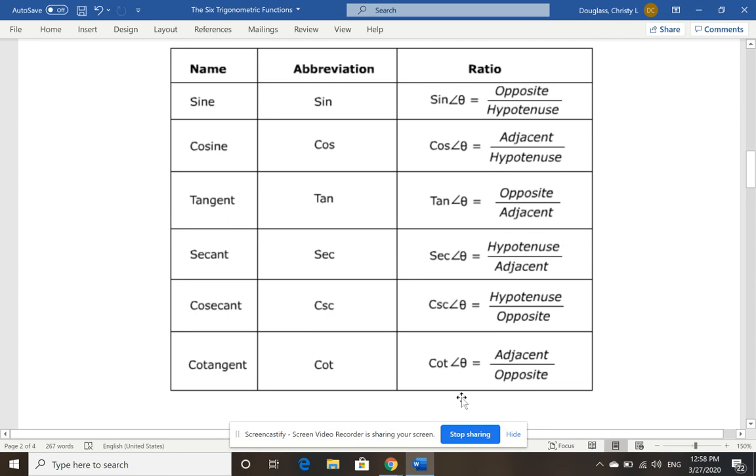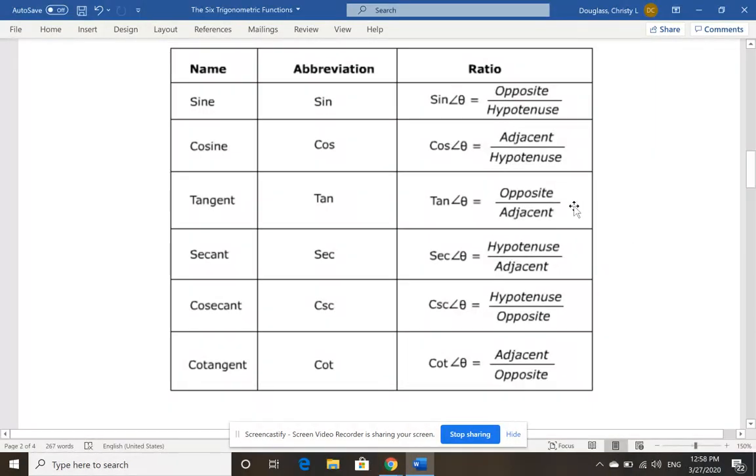But we're adding these other three: secant, cosecant, and cotangent, and really they're just the reciprocals. Notice that if you were to flip opposite over hypotenuse upside down, you would end up with hypotenuse over opposite, which is cosecant. If you flip adjacent over hypotenuse upside down, you end up with secant.